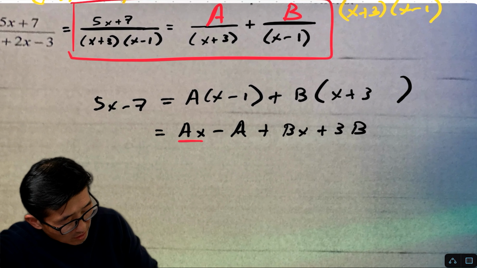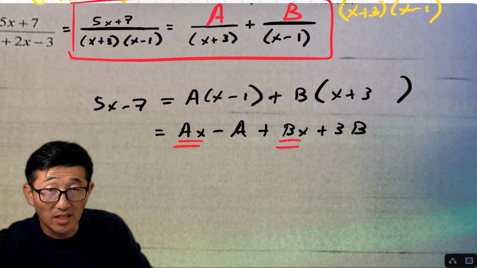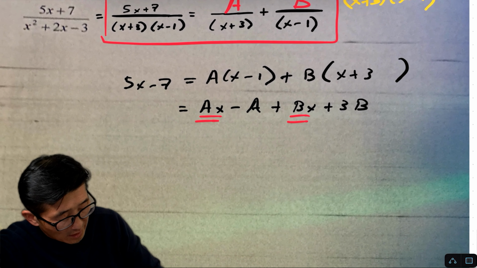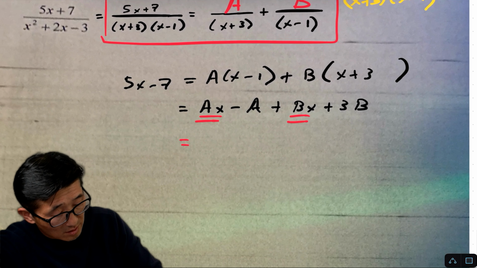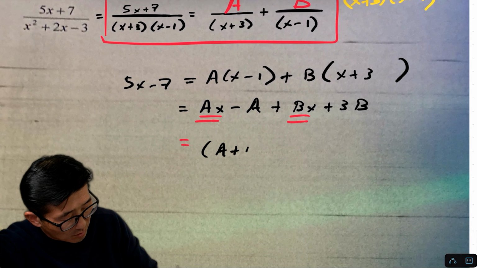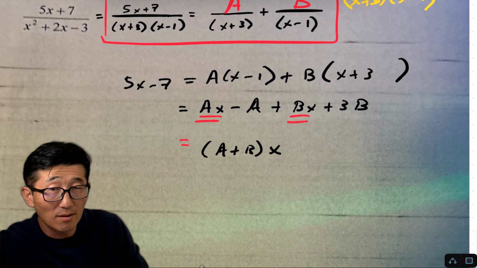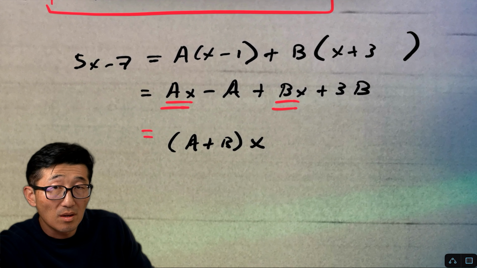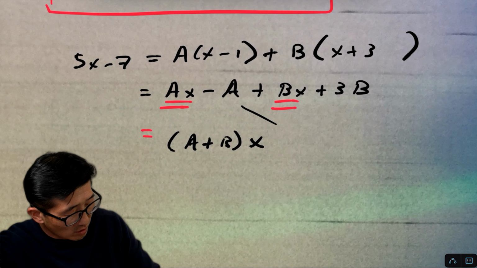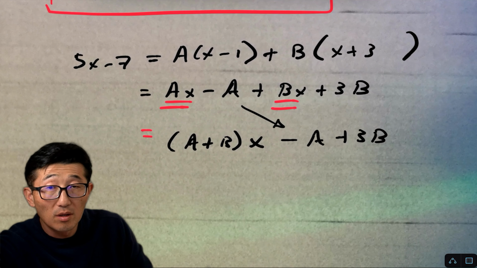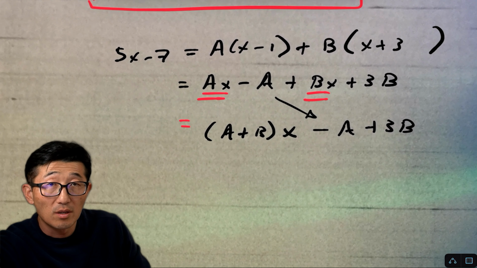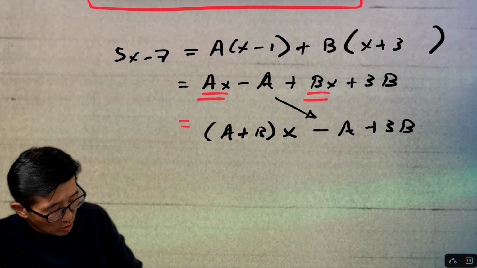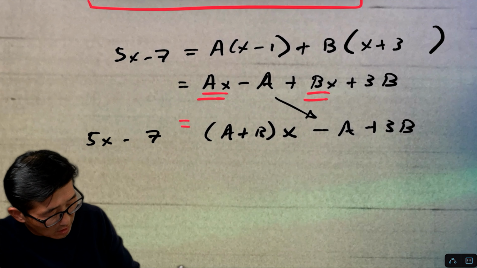You notice that this one and this one have an x attached to them. So I'm going to combine them like this. A plus b x. You see that? And then what's left over? Negative a plus 3 what? 3b. And on the left side, you have 5x minus what?